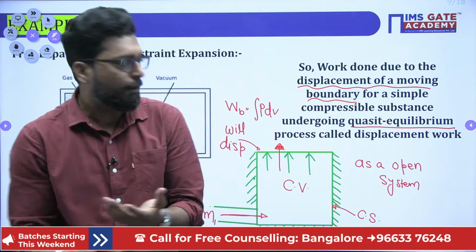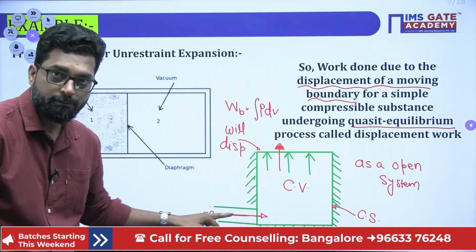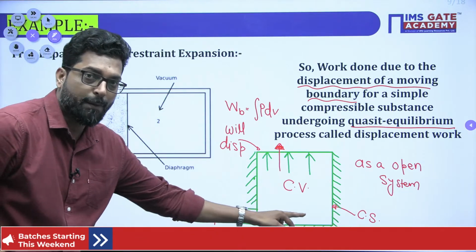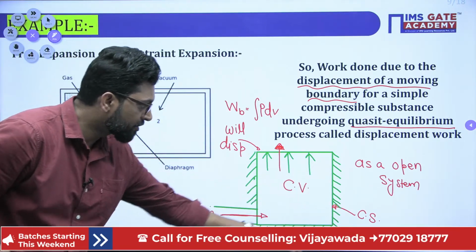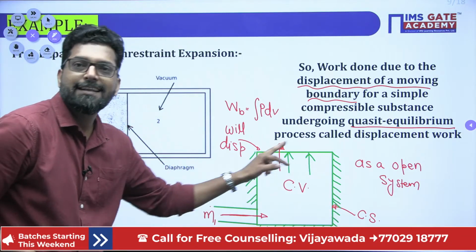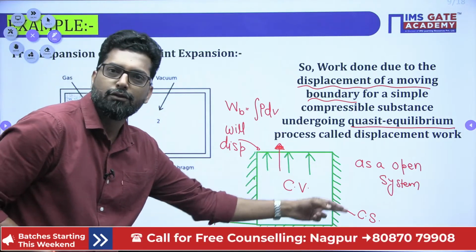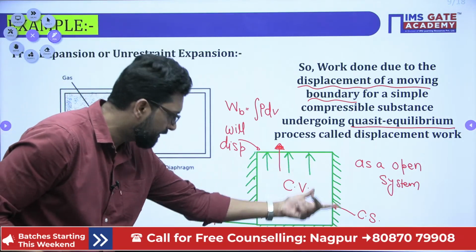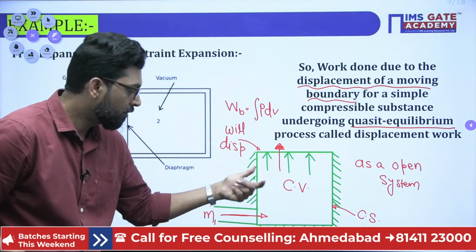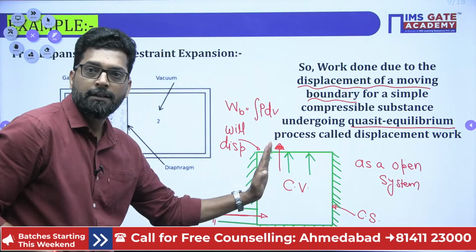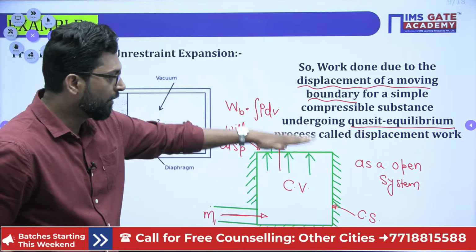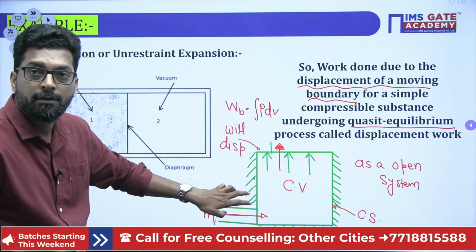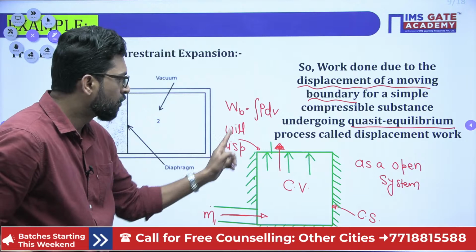Yes, it is also applicable for an open system. See this one. This is your open system. Oh, I think you joined a little bit late, Atul. So this is an open system. Yes or no? There is a displacement here. These two boundaries are rigid and this boundary is displacing.